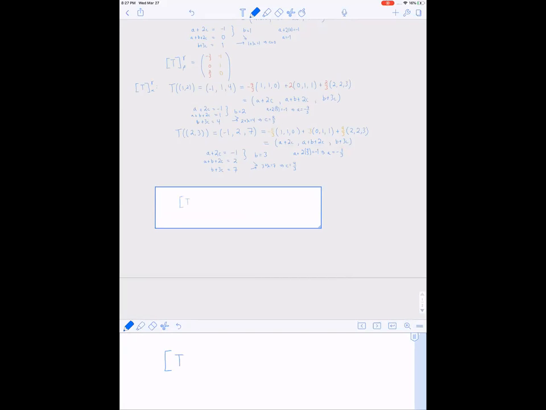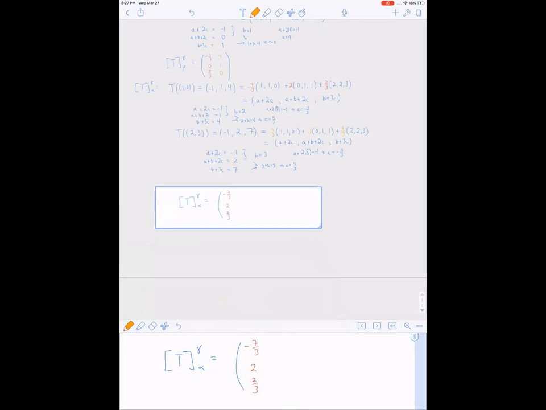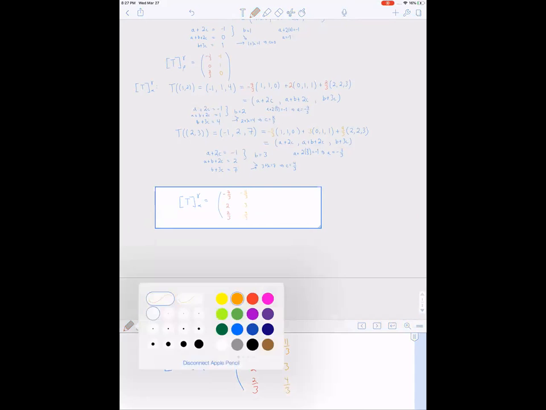The matrix representing T with respect to alpha and then gamma is again just a 2-column matrix. The first column is -7/3, 2, 2/3. The second column is -11/3, 3, 4/3.